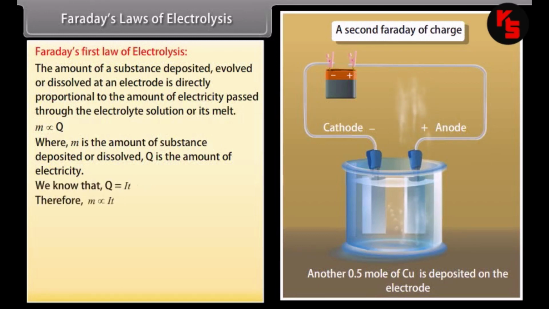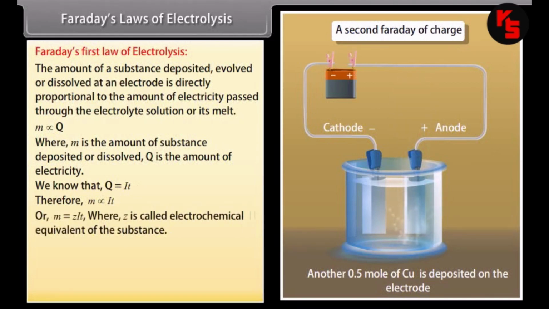We know that Q is equal to IT. Therefore, M is directly proportional to IT. It can be written as M is equal to ZIT, where Z is called the electrochemical equivalent of the substance.